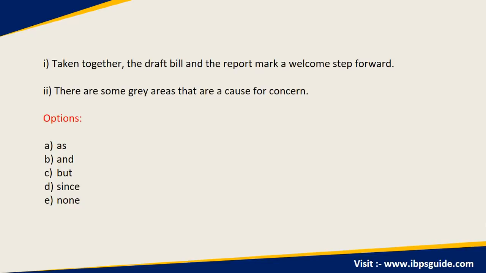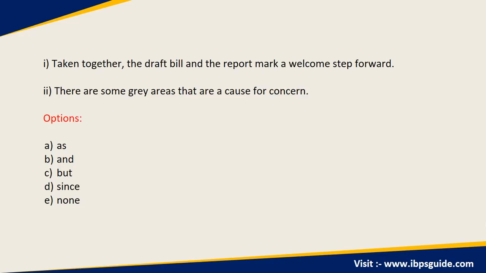So it can be used to show a cause and effect relationship. Therefore, since is also not applicable to these sentences, and but is the correct answer. Taken together, the draft bill and the report mark a welcome step forward, but there are some grey areas that are a cause for concern. Therefore, option C is the correct answer.